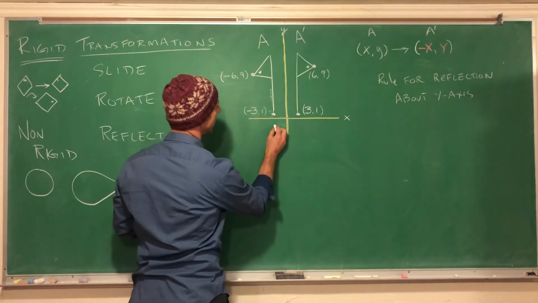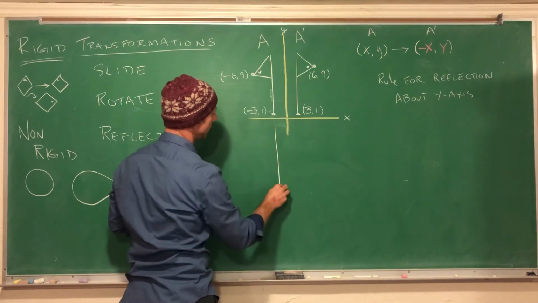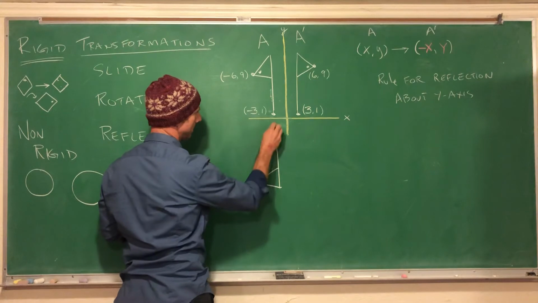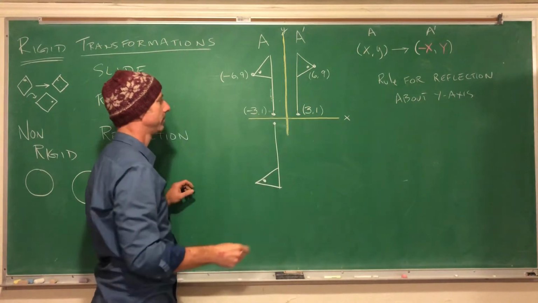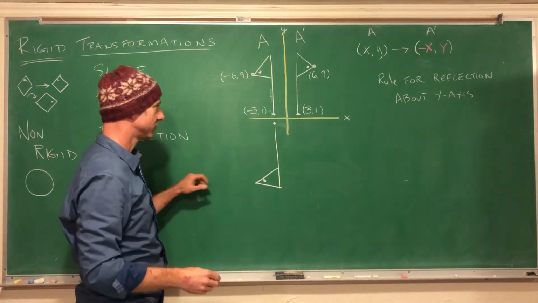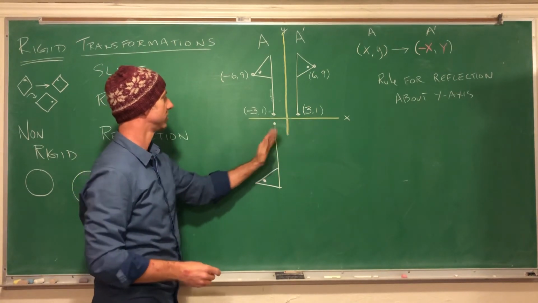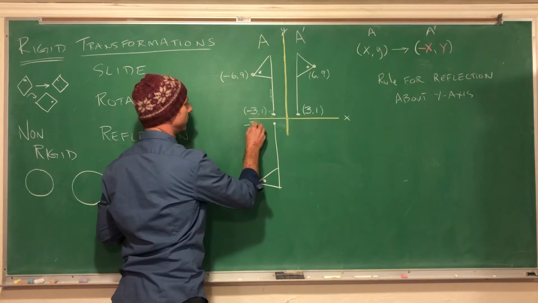What if instead we ended up down here? Okay. See if we can figure this one out. Well, my distance over here is the same, so -3.